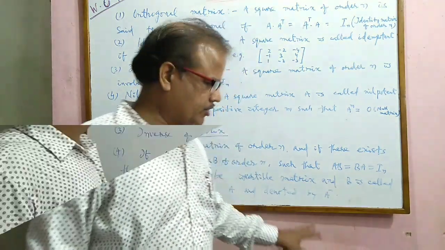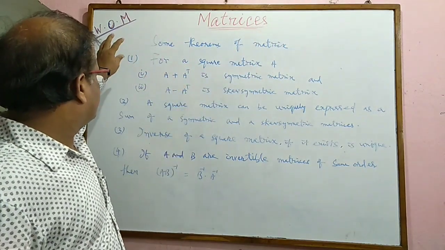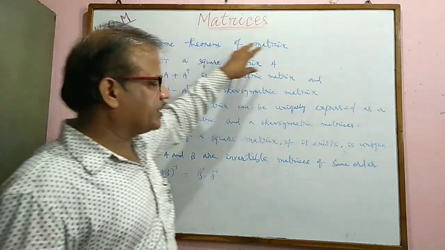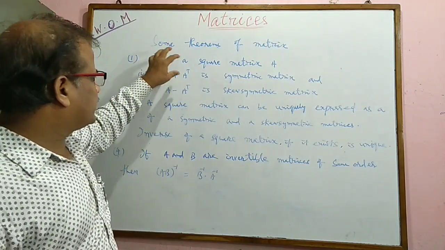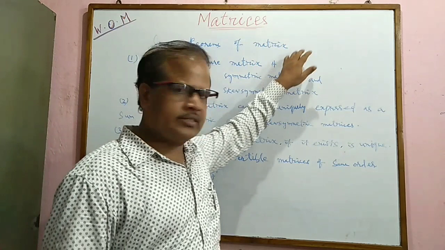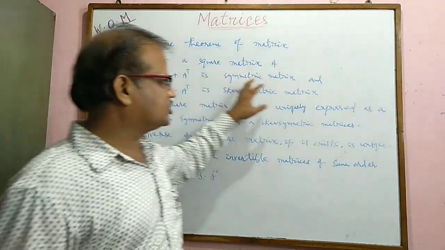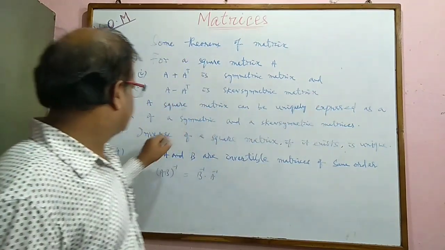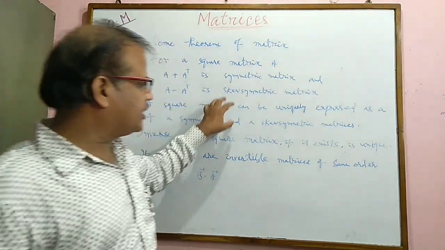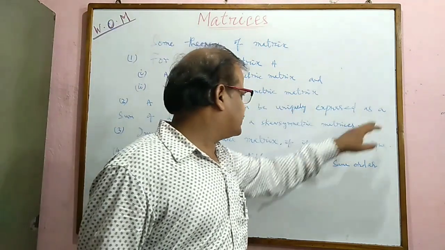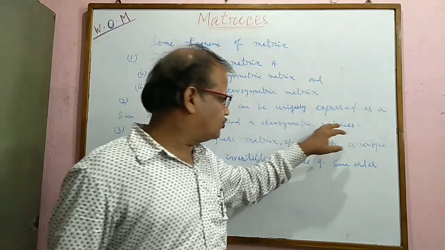There are some theorems of matrices. First is, for a square matrix A, A plus A transpose is symmetric matrix and A minus A transpose is skew symmetric matrix. The second theorem is, a square matrix can be uniquely expressed as a sum of a symmetric and a skew symmetric matrix.